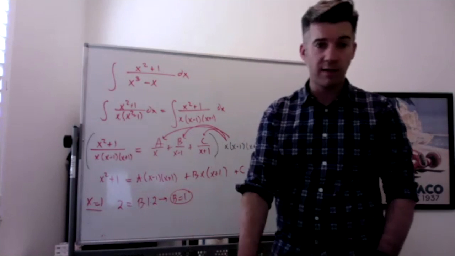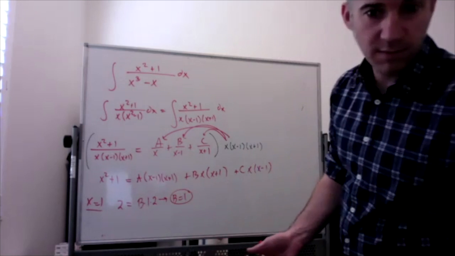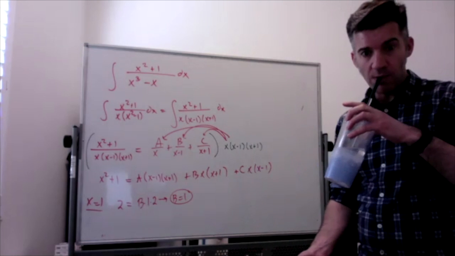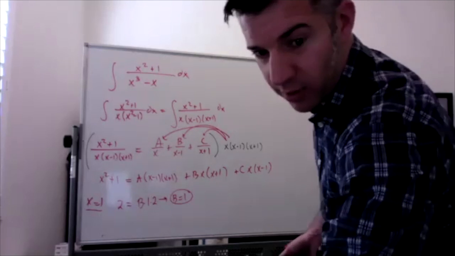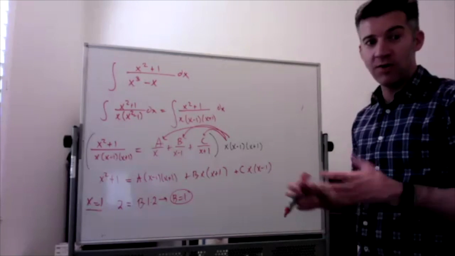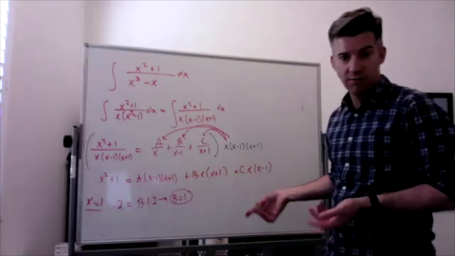So I end up getting b equal to 1. Great, what's a different convenient value from somebody else? What's going to make one of these things 0?